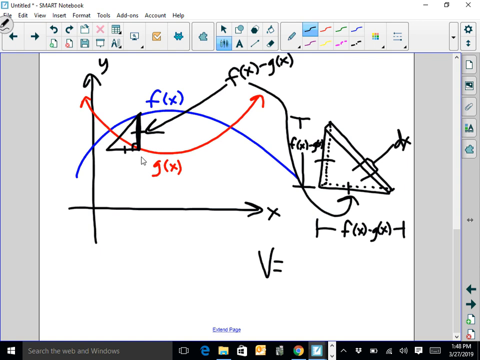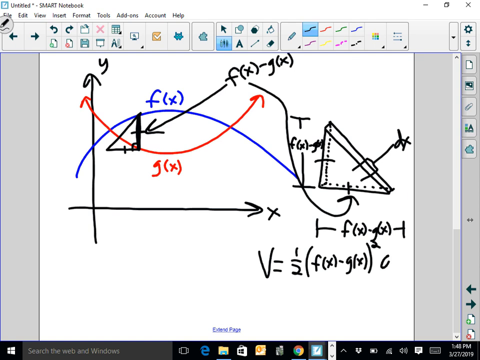So my volume is 1/2, because it's a triangle, not a square, base times height. Well, that's going to be f of x minus g of x times f of x minus g of x. So I'm just going to write it as half f of x minus g of x, quantity squared, dx gives me the thickness.